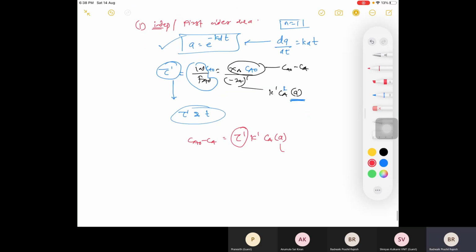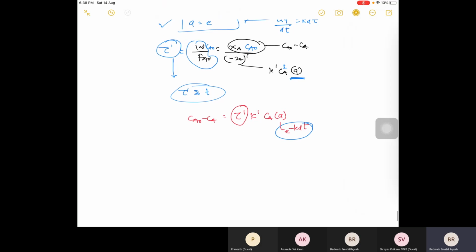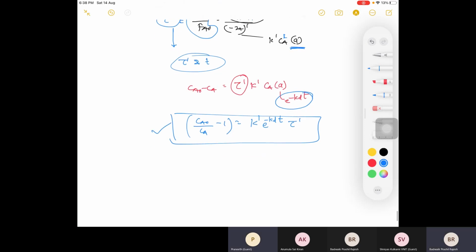Now just need to change this, and e to the power minus Kd into T. So arrange this, you will get Ca naught by Ca minus 1 is equal to K dash tau dash, activity is there, A, but I can write here as e to the power minus Kd into T. If there is any mistake, please let me know. Okay, it is tau prime. Are you getting this? Yes, sir.